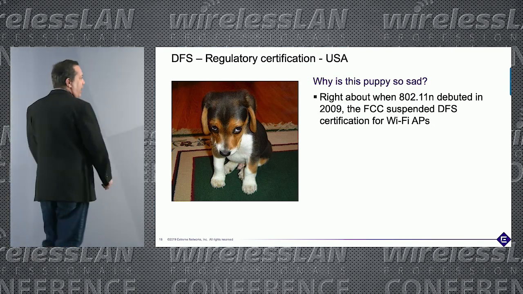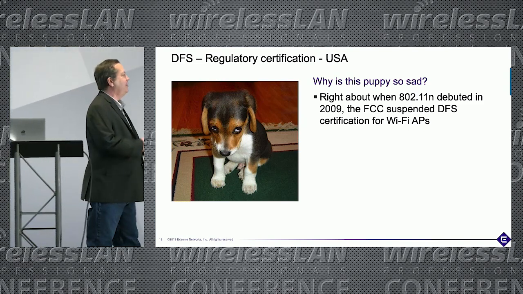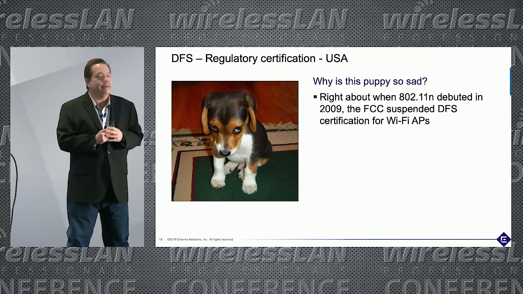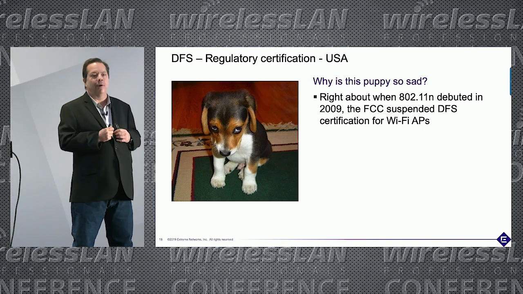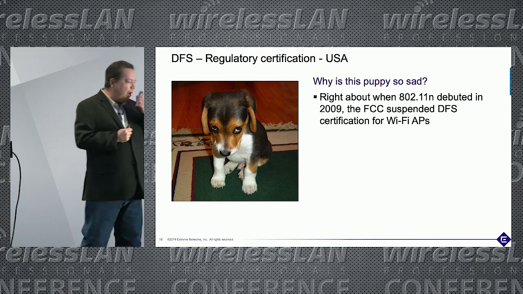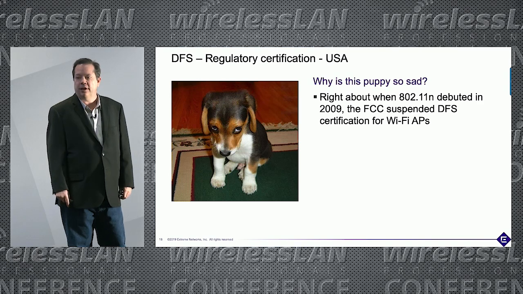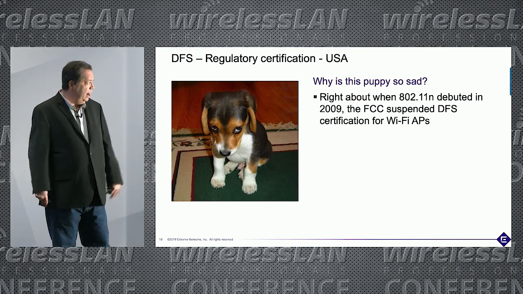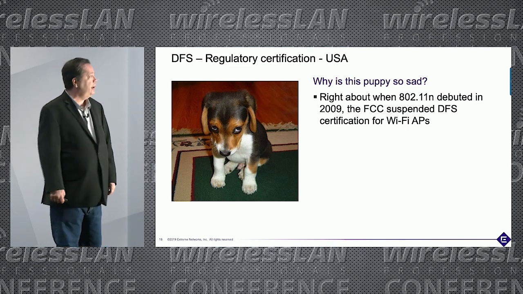Right about when 802.11n debuted in 2009, the FCC suspended DFS certification for Wi-Fi APs. This was right about the same time I went to work for AeroHive about 10 plus years ago, and our brand new 802.11n APs were coming out, and we couldn't get them certified for DFS.